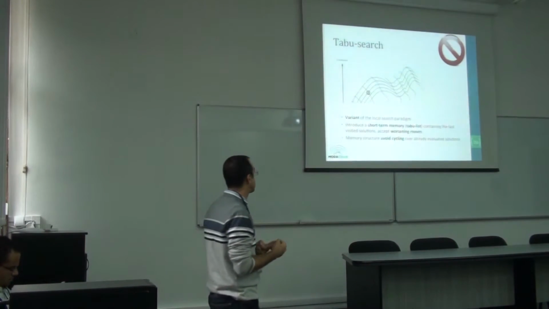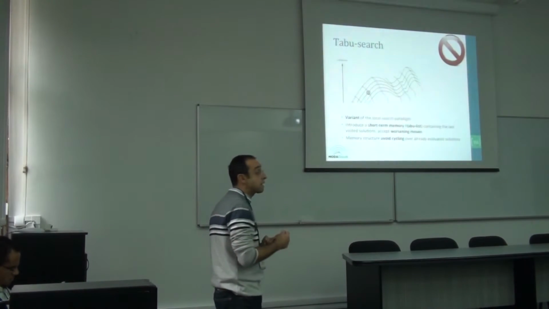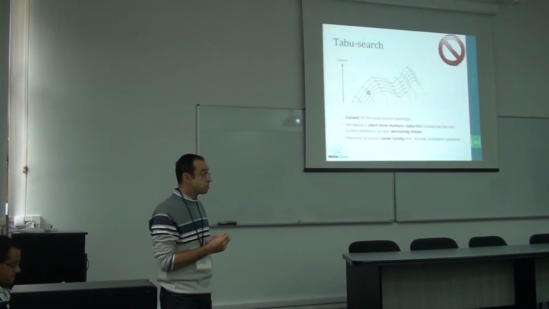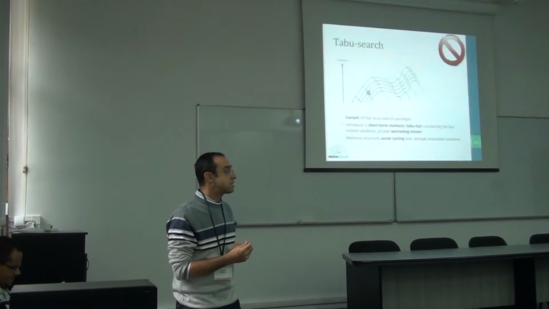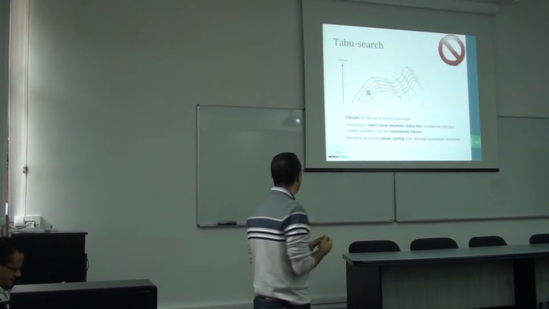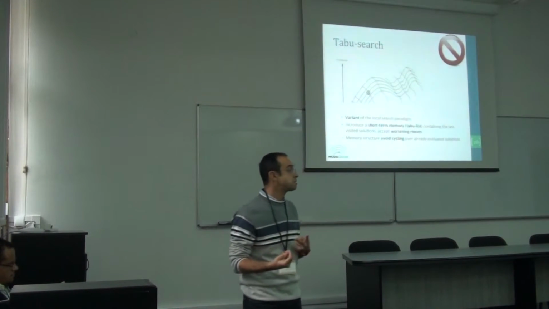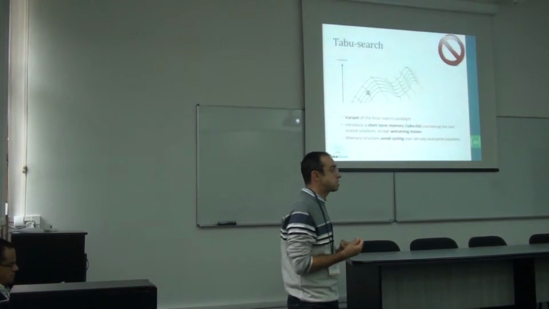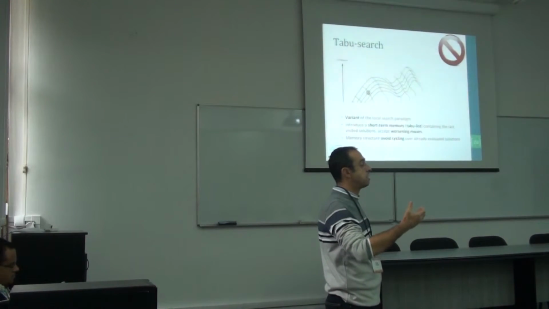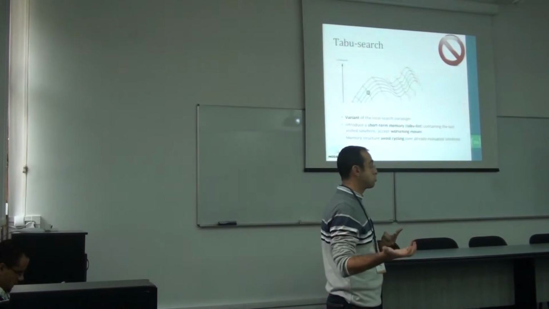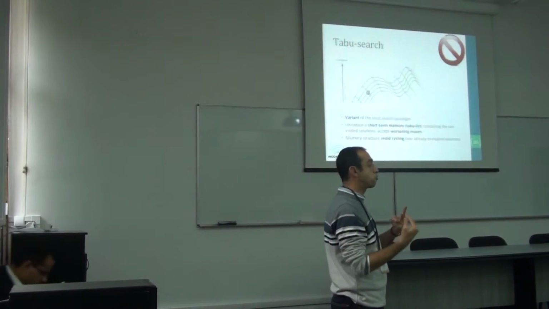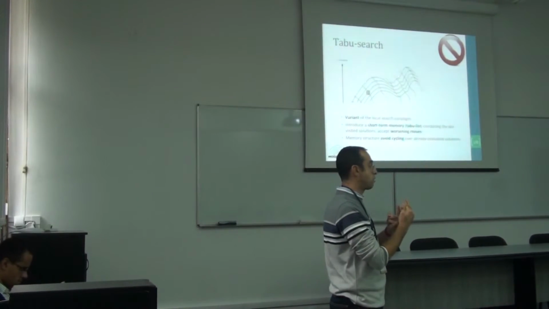The first concept is that it can accept some worsening moves in a way that we can escape from this local optimum. And then we also have a short memory, which is the tabu list, that stores the configuration of previously visited solutions in a way that we can avoid going back to previous local optima.